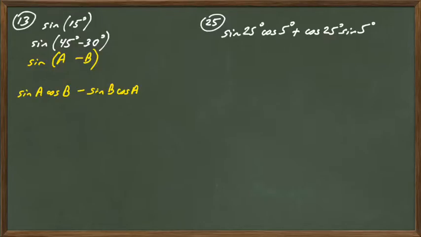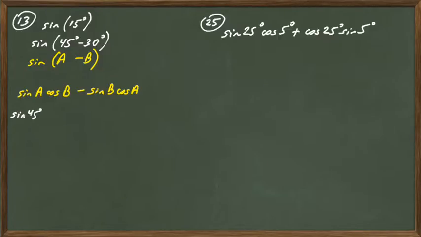Sine minus, same sign, cosine of B, yes. I just have it written the other order, but it is equivalent. They have it as sine A, cosine B, minus cosine A, sine B, but that's the same thing.